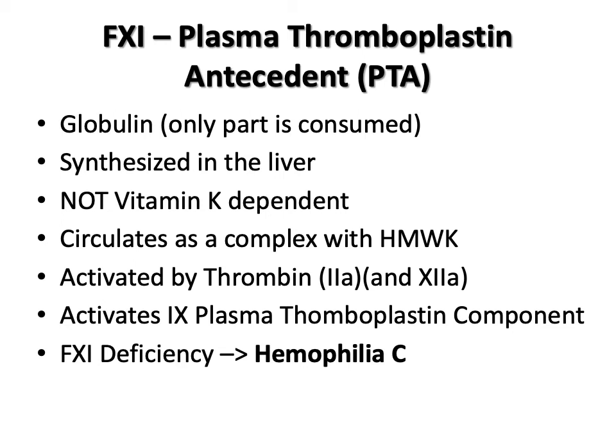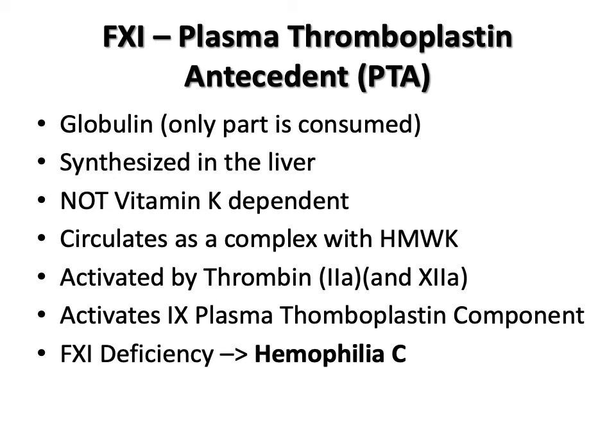Factor XI, also known as plasma thromboplastin antecedent, or PTA, is a globular protein that is only partially consumed during clotting. It too is synthesized by the liver. However, it is not vitamin K dependent.